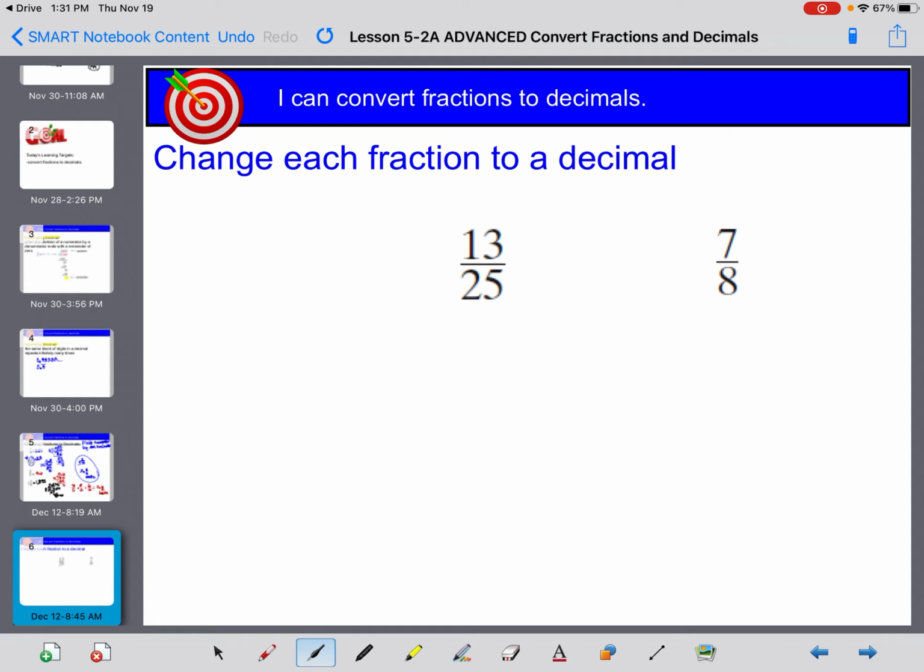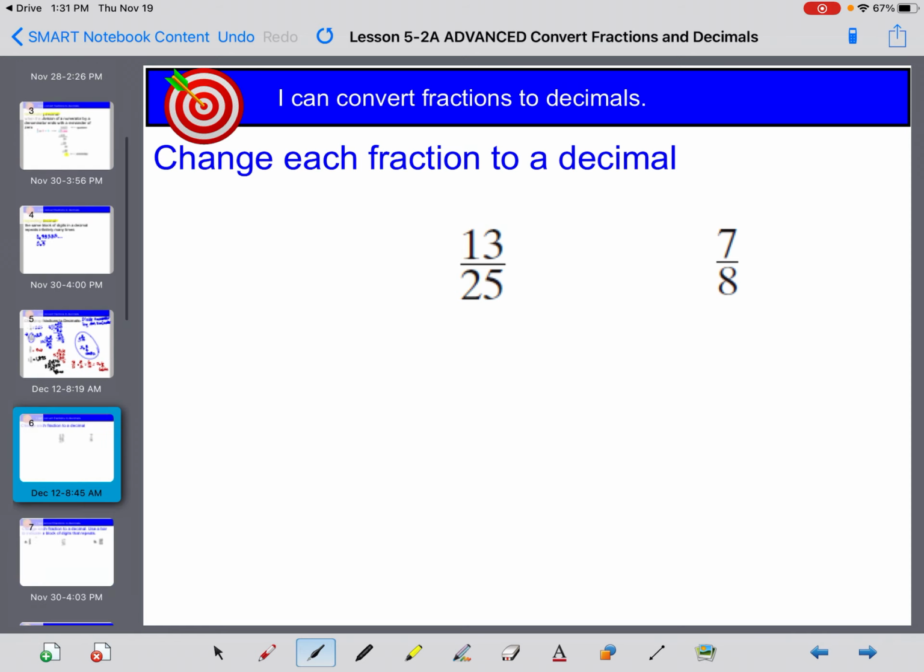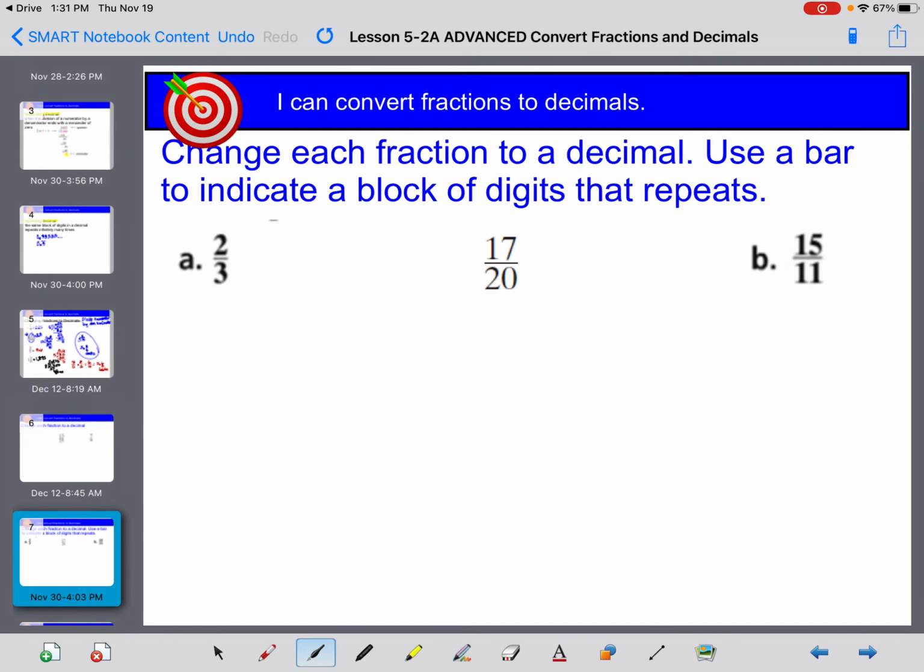All right, try this one. Pause the video and come on back after you've tried, wait a minute, did I move? Yeah, after you've tried these two. Oh, you know what? I think we skipped those. We're going to move on. Here we go. These are the ones. Pause the video and try these 3. Come on back.